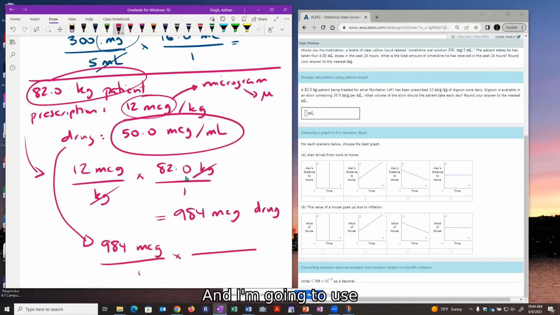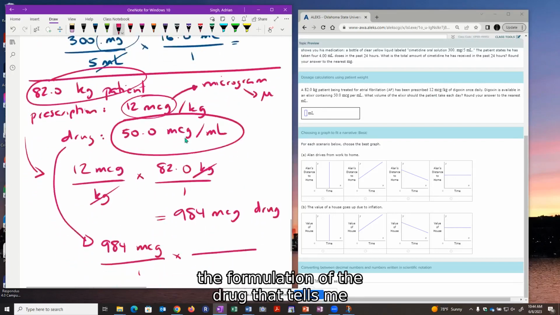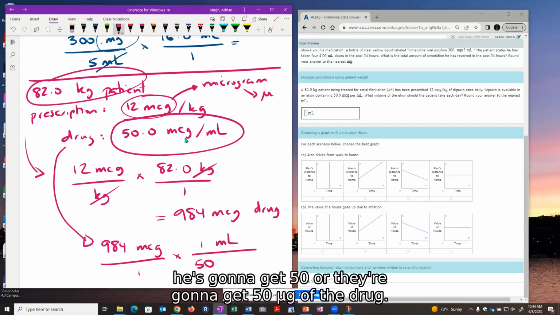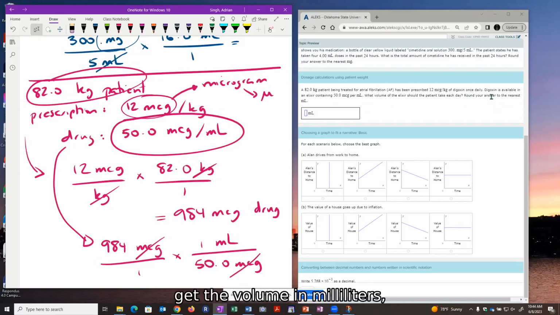and I'm going to use the formulation of the drug that tells me that for every 1 milliliter, and I'm putting mils on top, that the patient takes, they're going to get 50 micrograms of the drug. I put micrograms on the bottom. Why? Because I want the unit to cancel, and because I'm asked specifically to get the volume in milliliters.